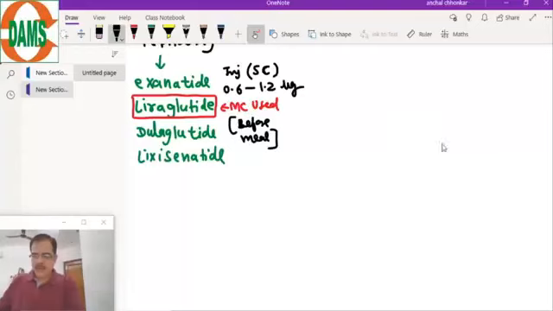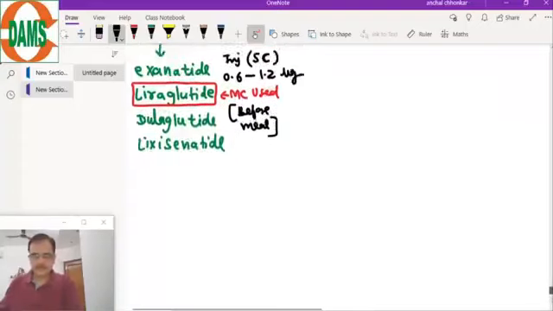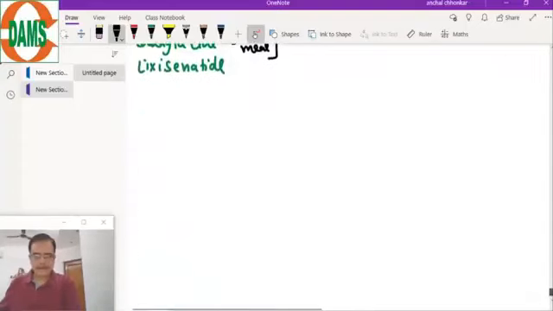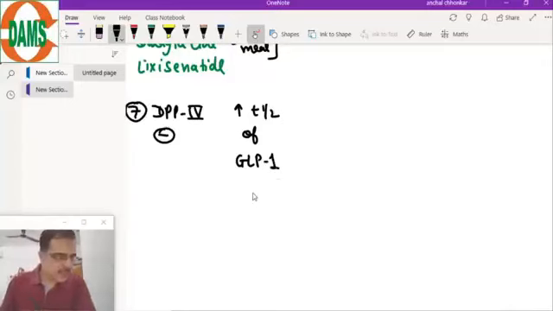Now, coming to the DPP4 inhibitors. The mechanism of action is that they increase the half-life of GLP-1, or the incretins.